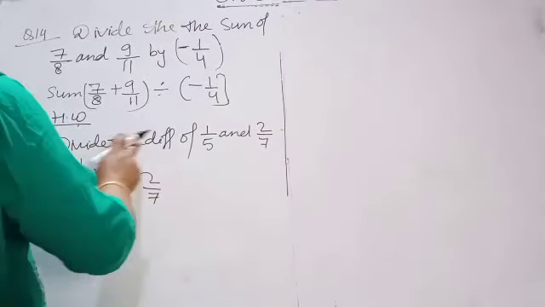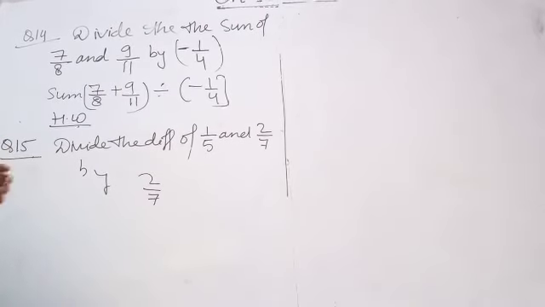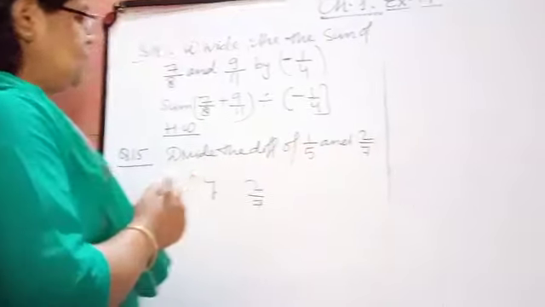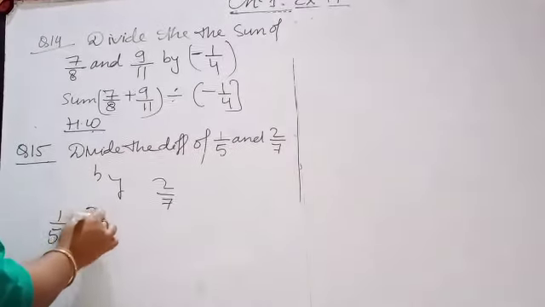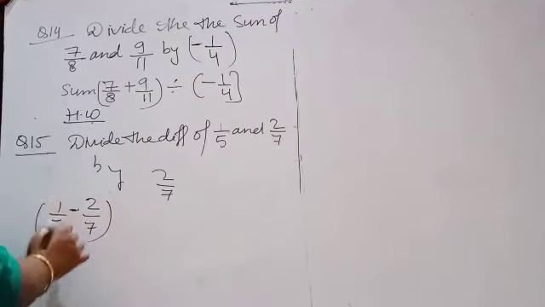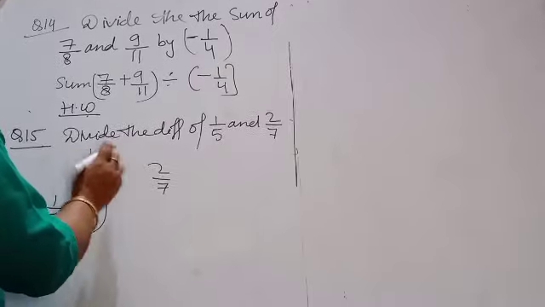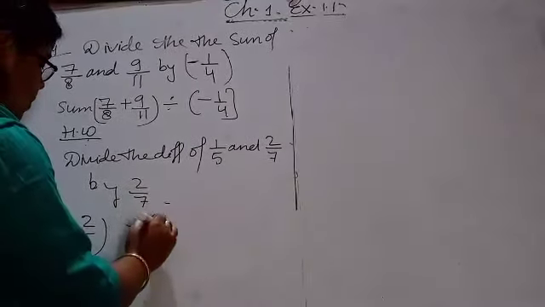Here it is written difference, so it is also a case of subtraction, but here it is not written from. If difference is written, we will simply write 1 upon 5 minus 2 upon 7, and this difference you will divide by 2 upon 7.